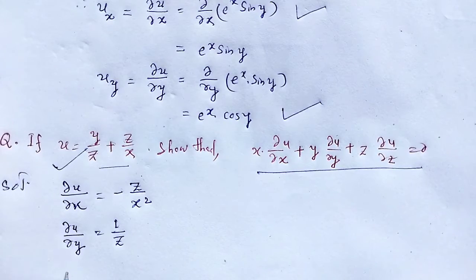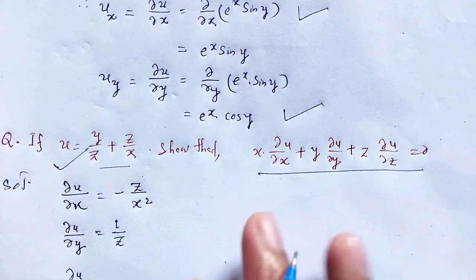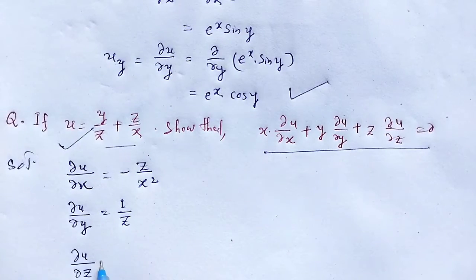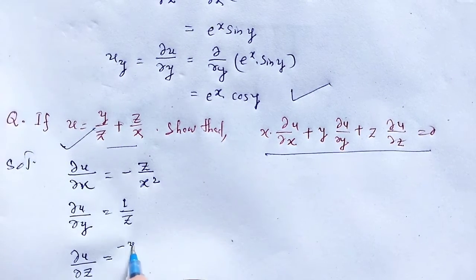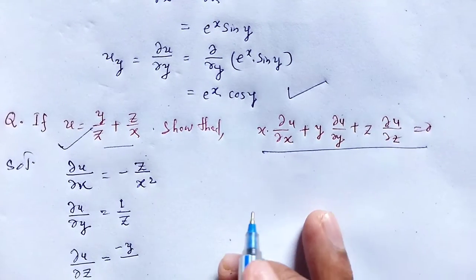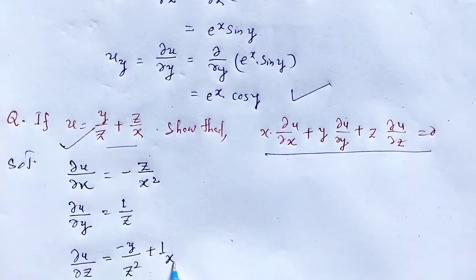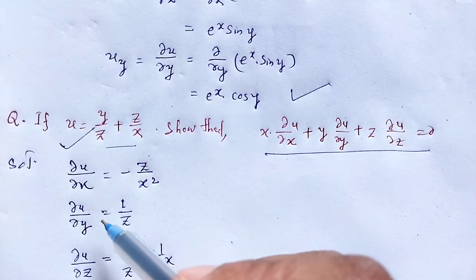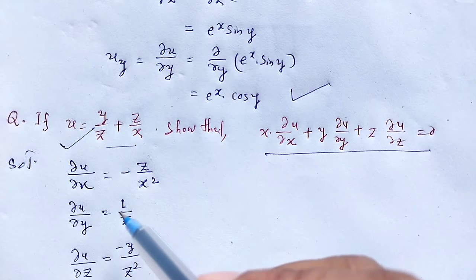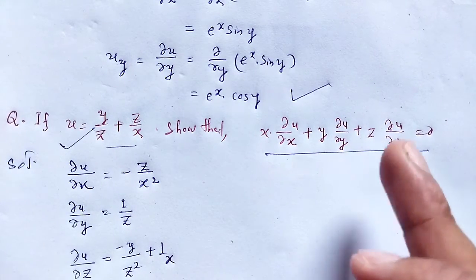Again del u by del z is equal to minus y by z square plus 1 by x. Now we have found del u by del x, del u by del y and del u by del z.